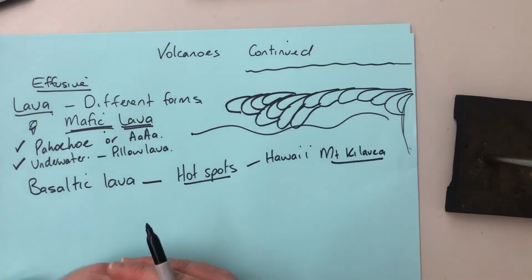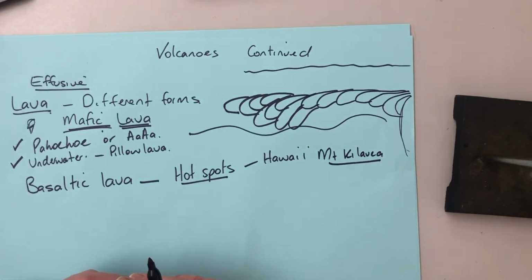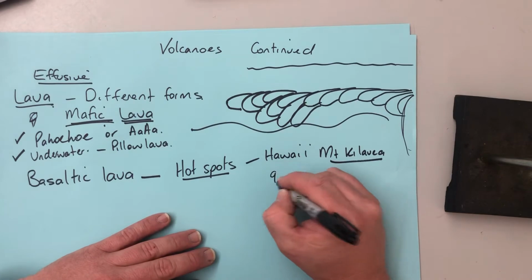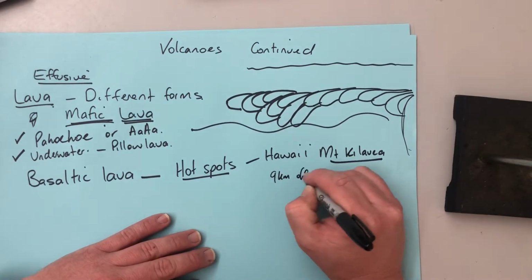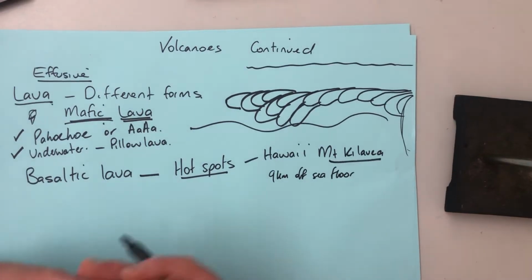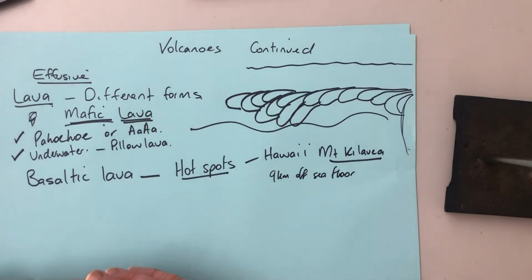Mount Kilauea is about 9 kilometres high, if we're talking about off the sea floor. Which makes it the highest mountain in the world if you got rid of the ocean.